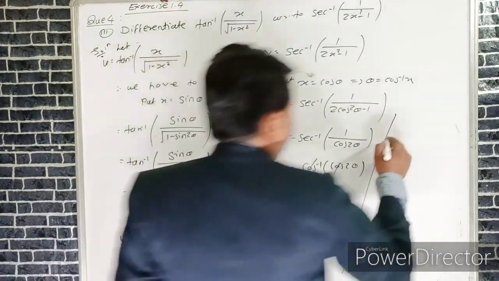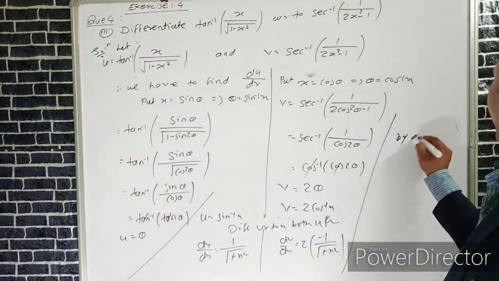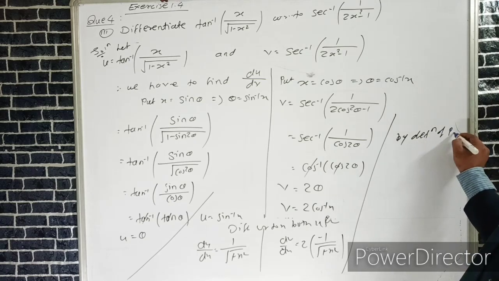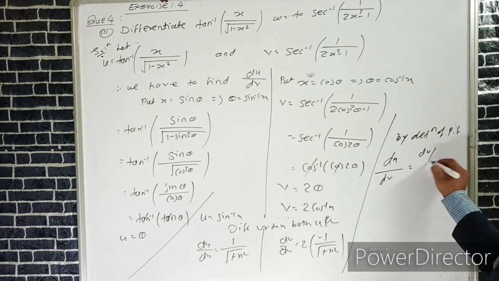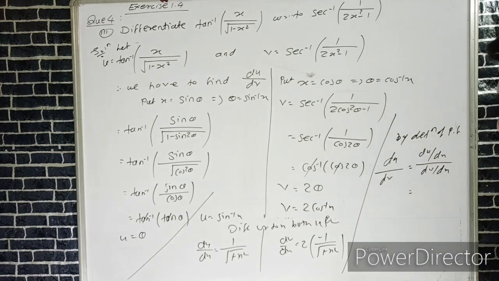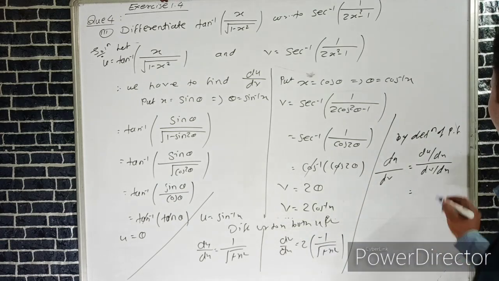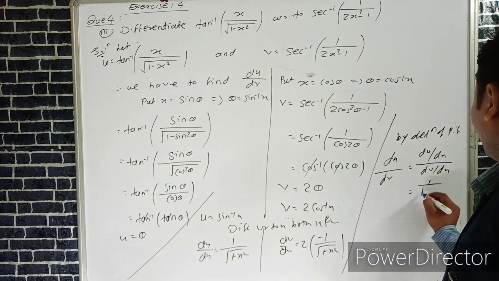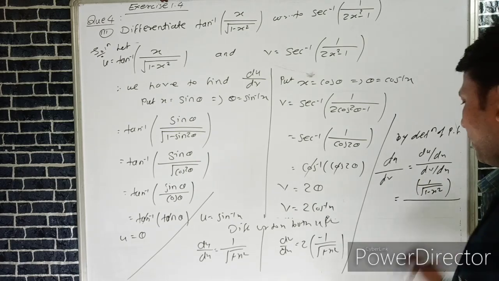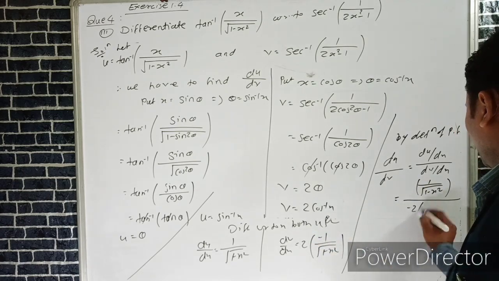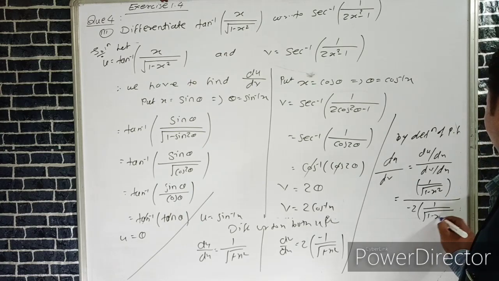By the definition of a parametric function, du upon dv is equal to du by dx upon dv by dx. We know that du by dx is 1 upon under root of 1 minus x square, upon minus 2 into 1 upon under root of 1 minus x square.